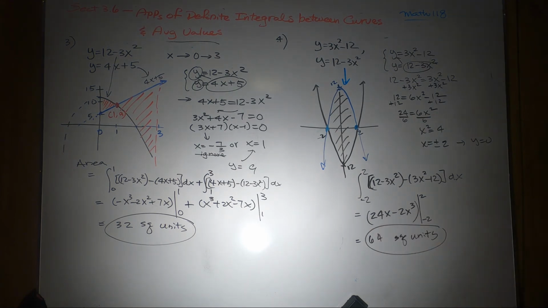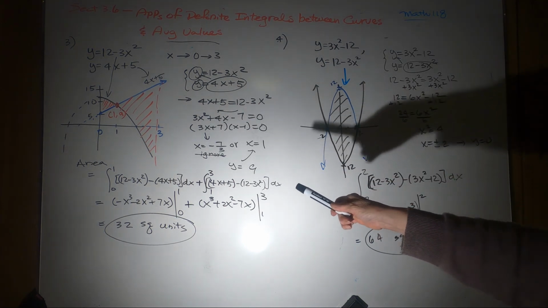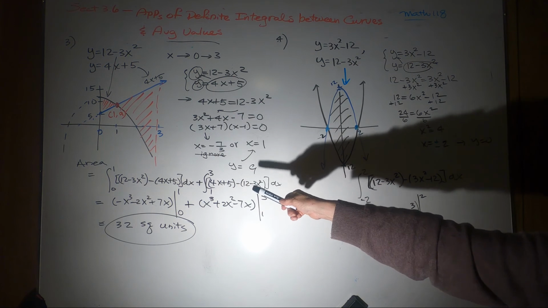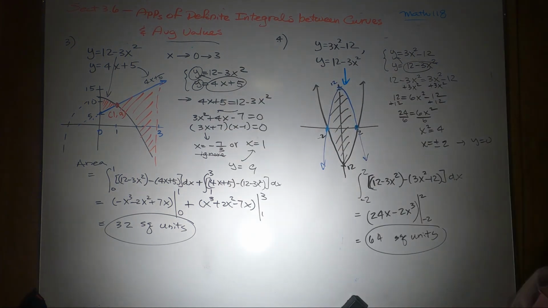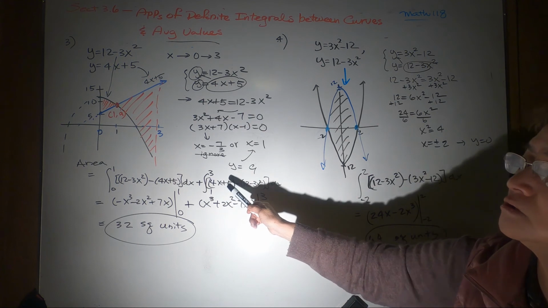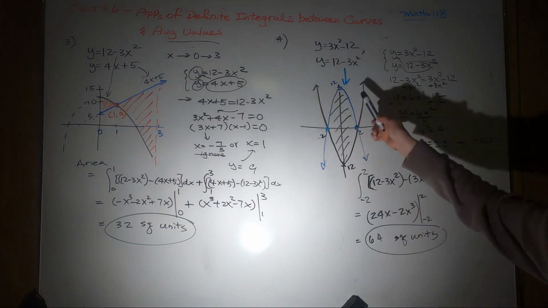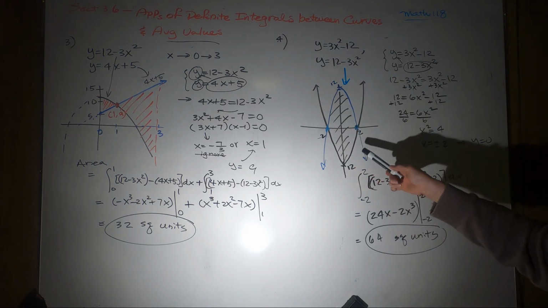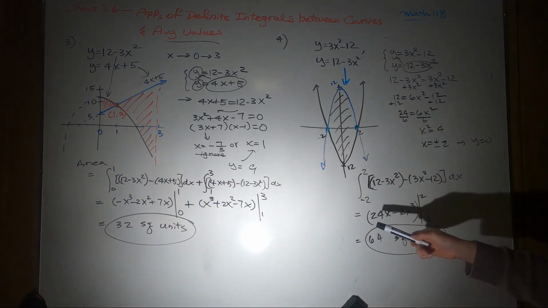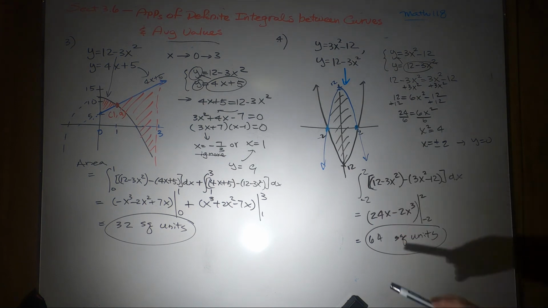That's how we do it. So the difference between these two is what? This one is telling you from 0 to 3 for x. It tells you already. Then you need to find the positive area, so you need to split it into 2 parts, because area is positive. And this one is bounded by these 2 curves. It didn't tell you the definite area from when to when, from -2 to 2.